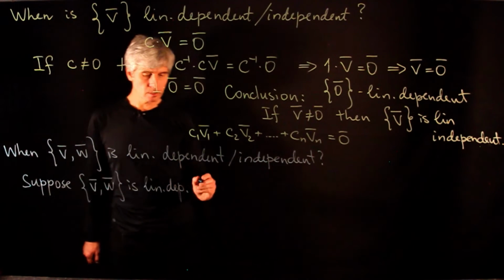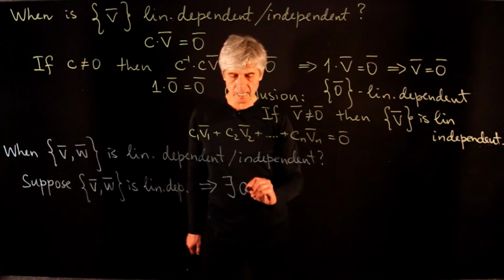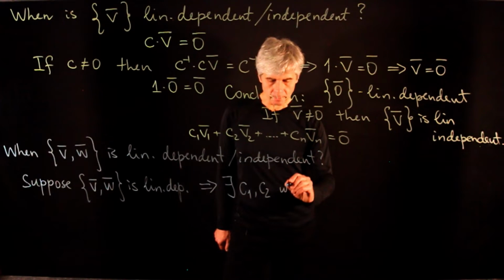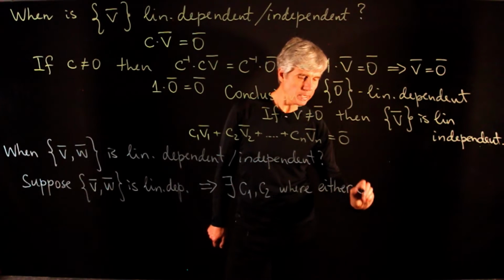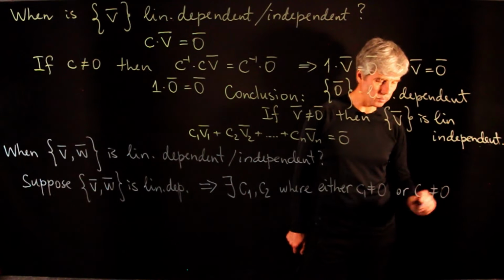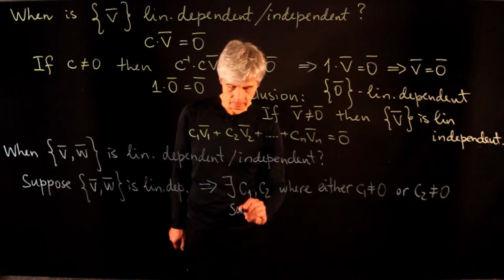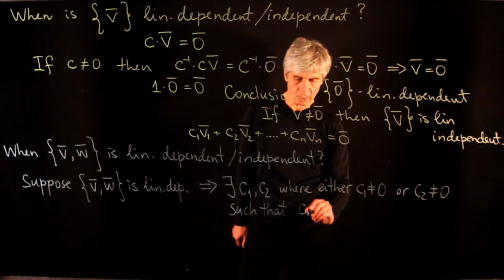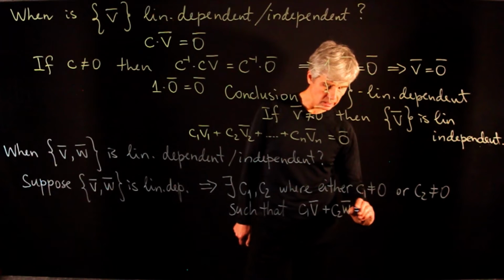By definition, this means that there exist two scalars, C1 and C2, where either C1 is not equal to 0 or C2 is not equal to 0, such that the corresponding linear combination C1v plus C2w is equal to a zero vector.